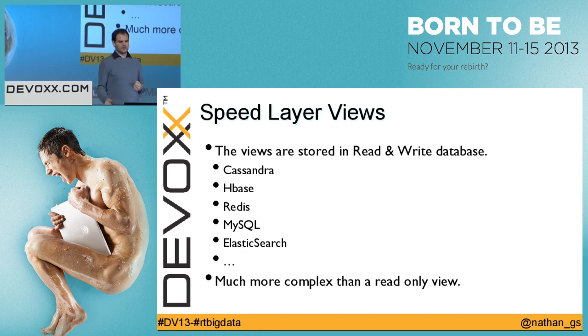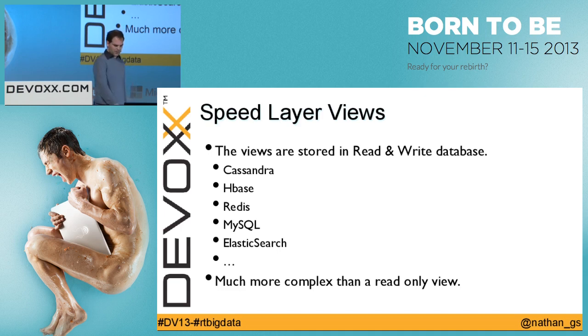The logic behind such a database is much more complex than the logic behind something like ElephantDB, because it has to deal with updates and locking. Some candidates for our read and write databases are Cassandra, HBase, Redis, one of the SQL servers, or Elasticsearch. I think you can use any traditional SQL or NoSQL database.